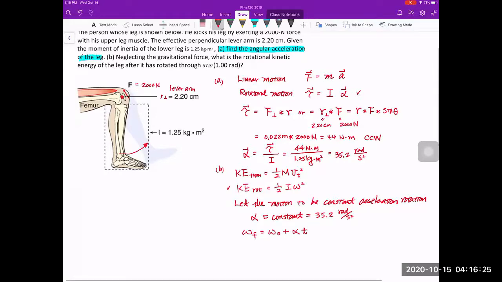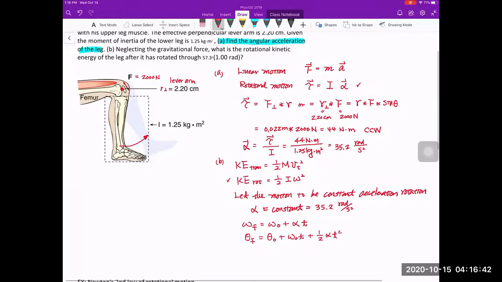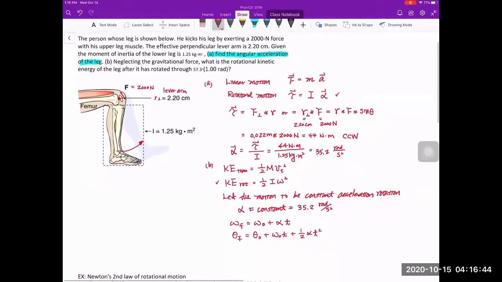We also have this equation, which is the change of the angle equal to the initial angular speed times the time plus 1/2 alpha t squared. We have a third equation: omega f squared equals omega 0 squared plus 2 alpha times theta f minus theta 0.